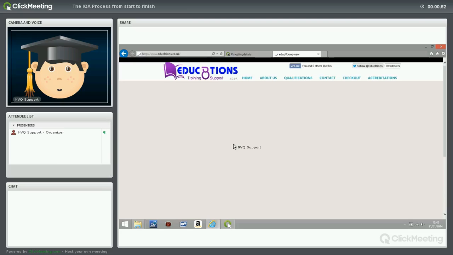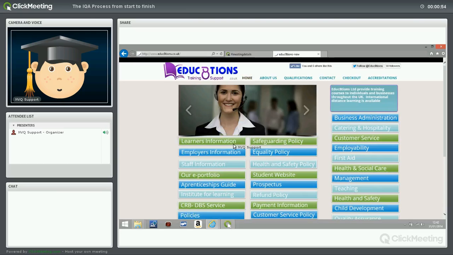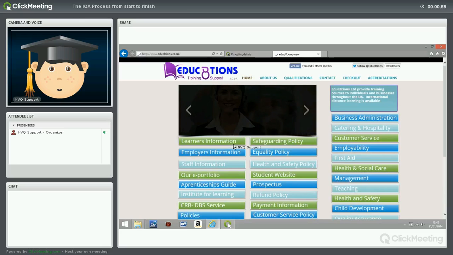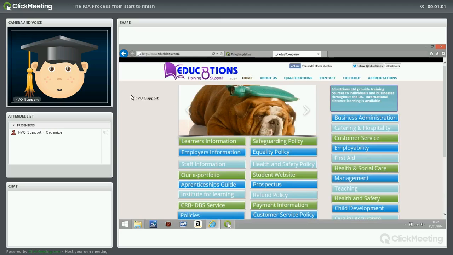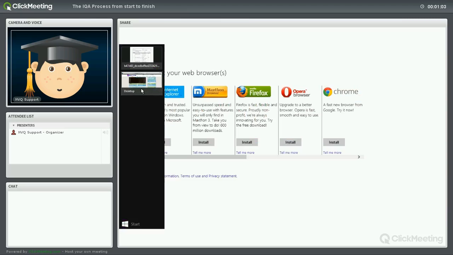They're there to support and monitor you and help develop you, and also to carry out samples on your evidence to ensure that we're working consistently across the centre.